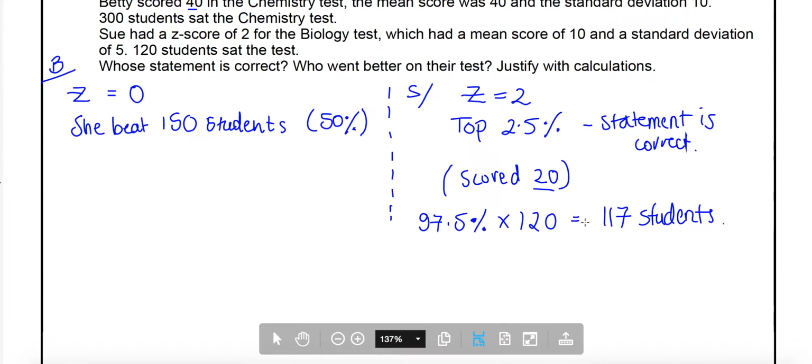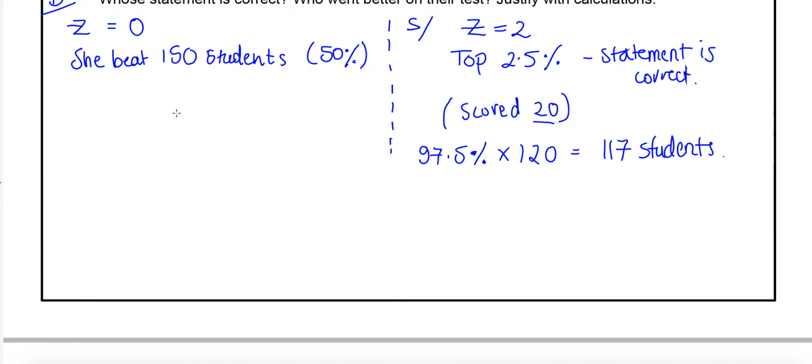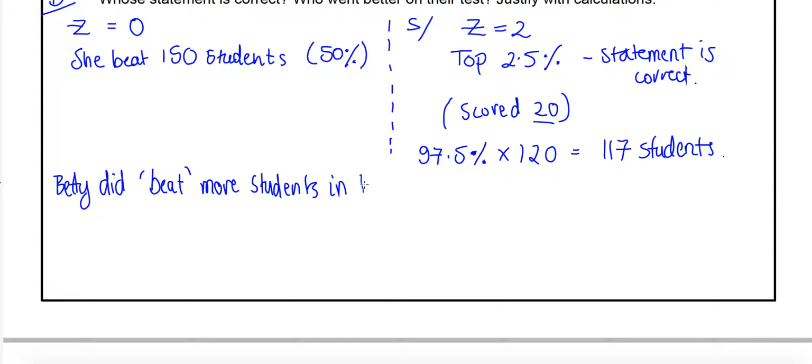So if we wanted to summarise that, we could say firstly that Betty did, and I'm going to put beat like this because that's the word that she used, Betty did beat more students in her test, 150 compared to 117.